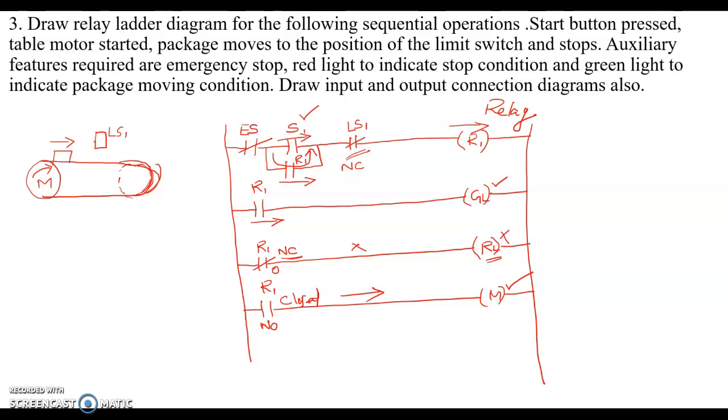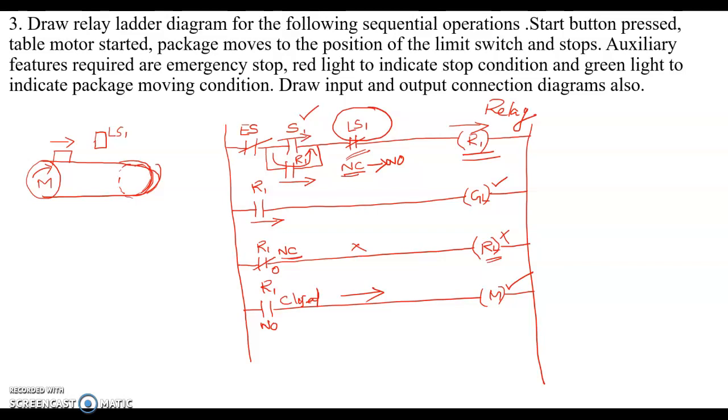And when the package reaches the limit switch, the limit switch is turned on, so it will be converted from this normally closed position to normally open position. Now it is open, so the circuit breaks, so the R1 relay is also switched off.